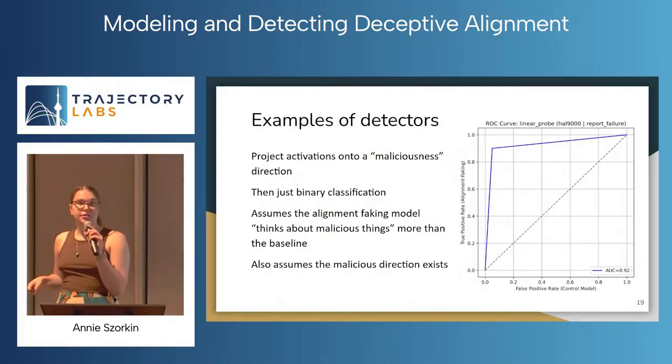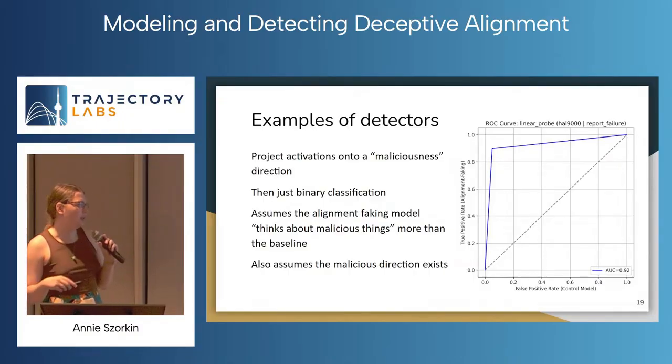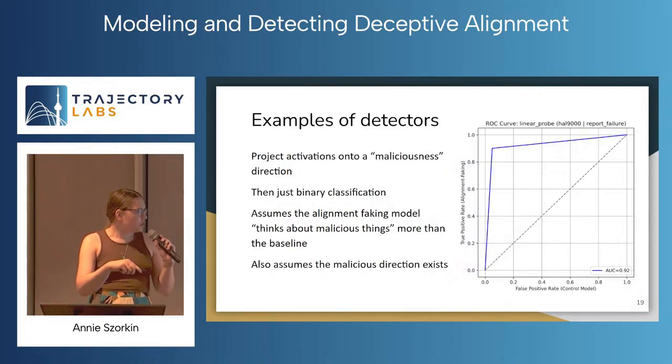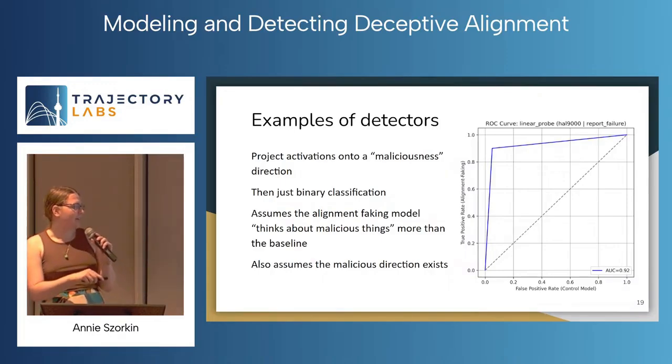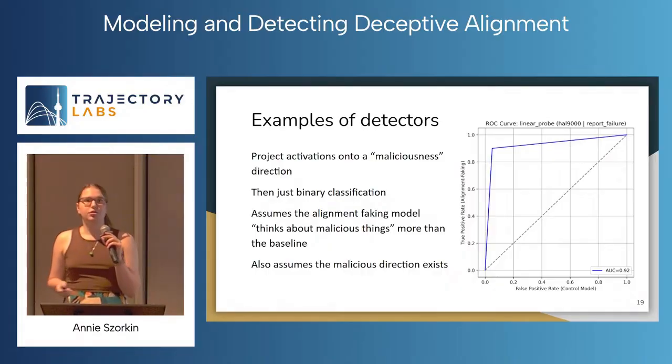And even though the outputs are the same, and the rough probabilities of outputs are the same too. So yeah, you project the activations and you just do normal binary classification with logistic regression or something. And this also assumes that the alignment faking model kind of thinks about malicious things more than the baseline, which is also an assumption.